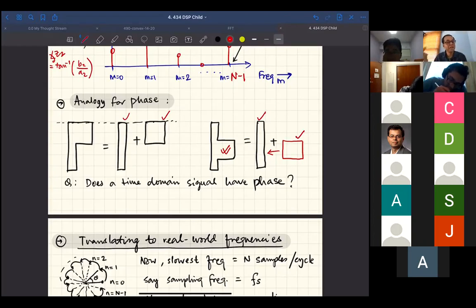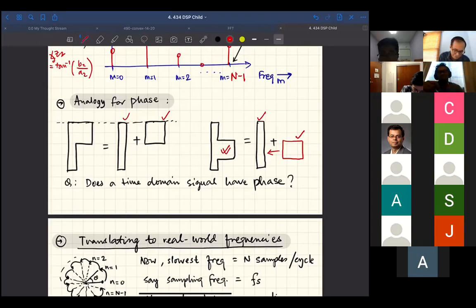Phase, now in the Fourier transform domain, phase is exactly that. So when I want to make a signal, I can start the stick not from the horizontal position. I can start the stick from some other position by giving it a shift of angle and then make it spin at that frequency.